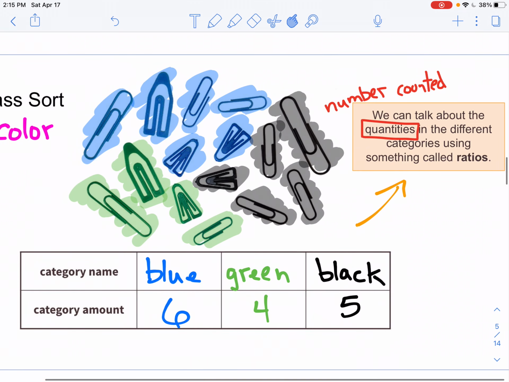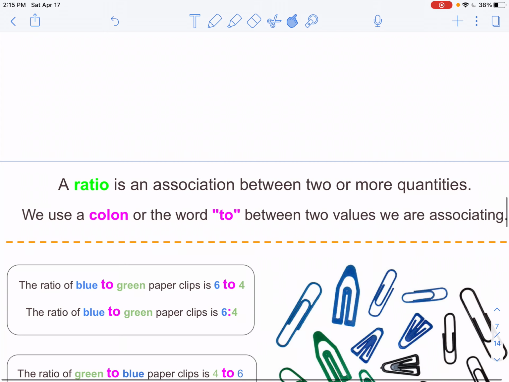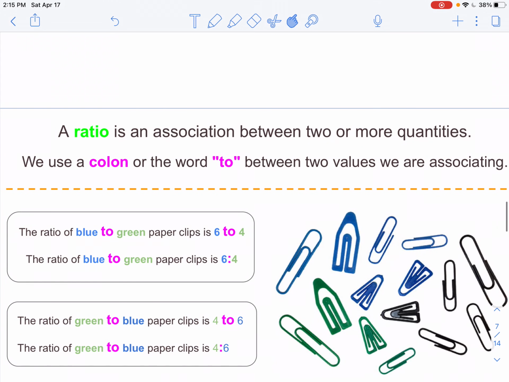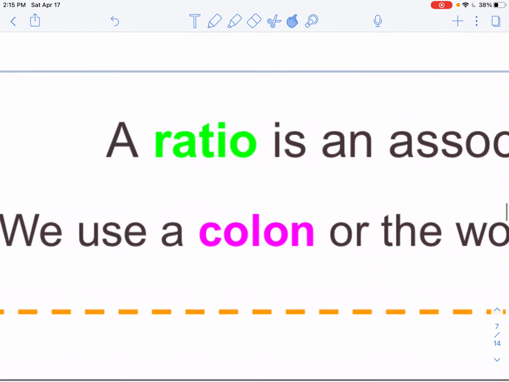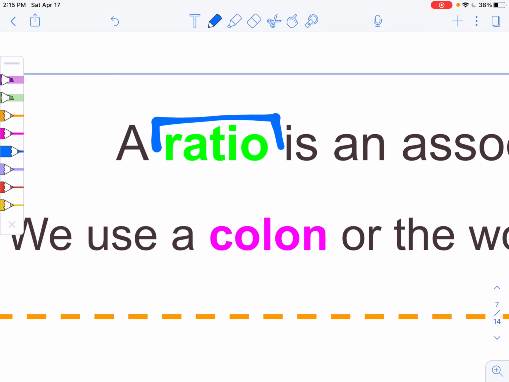So let's talk about what a ratio is. A ratio is an association between 2 or more quantities. I'm going to zoom in on this green word. That looks like ratio to me. Kind of like radio if it was a D. So here's how we pronounce ratio.